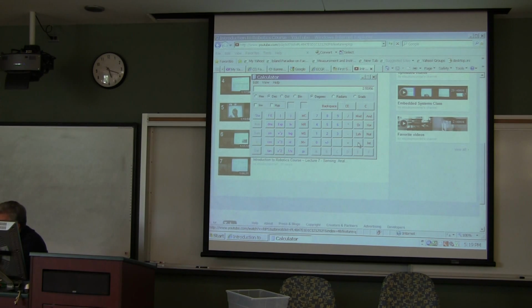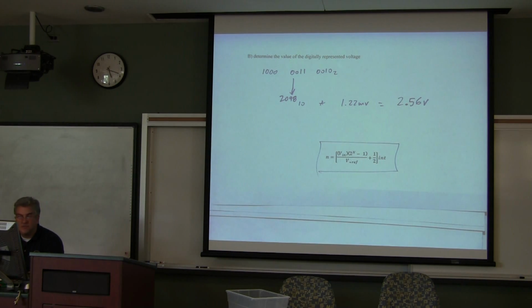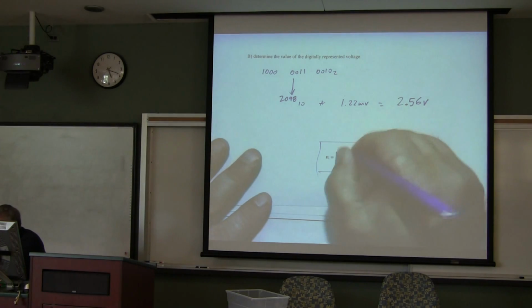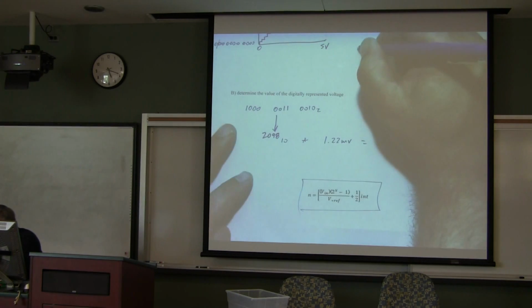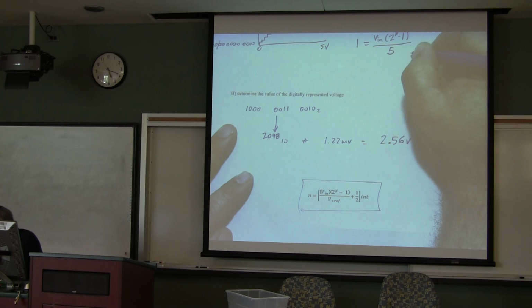I provided this at the bottom just so you can remember what the concept was. If you wanted to, for the first problem, you could have said 1 is equal to V in, which is what you don't know yet, times 2 to the n minus 1, over V ref, which is 5, plus 1/2.